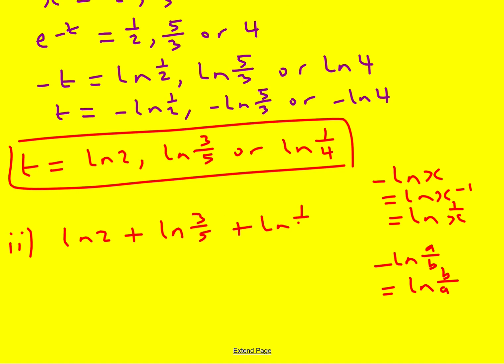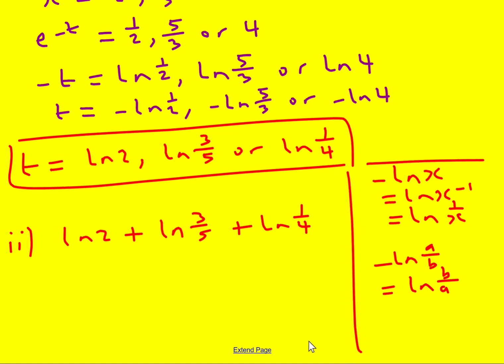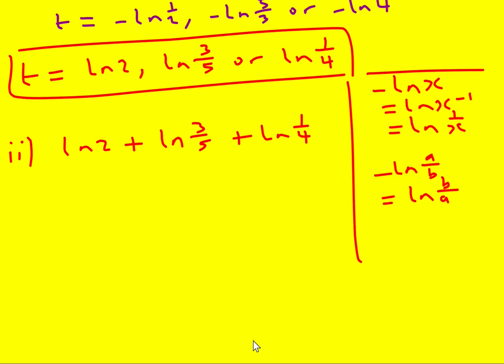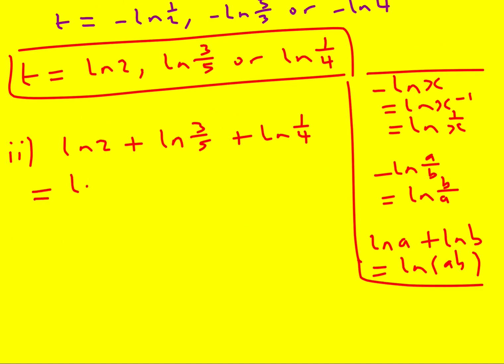Right, now I've got one other tool I need to use, and it's the fact that when I add logarithms, so ln A plus ln B, it's the same as if I find ln of these two multiplied together. And that will work for these three together, so it's going to be ln 2 times 3 over 5 times a quarter.